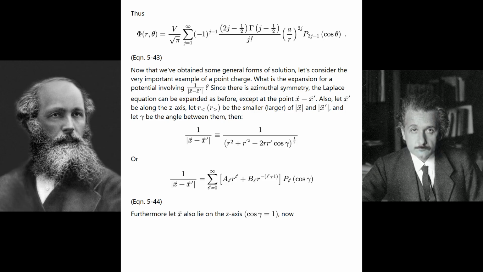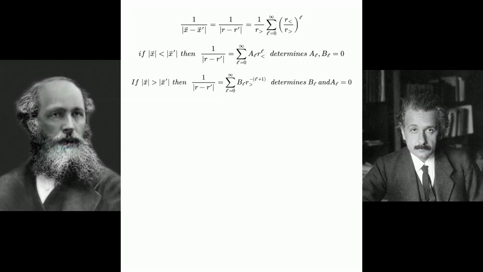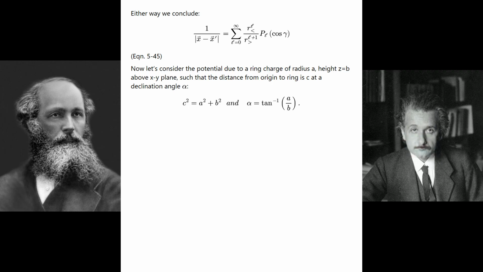Furthermore, let x vector also lie on the z-axis, so cosine gamma equals 1 now. See the following equations. Either way we conclude, see equation 5-45 that follows. Now let's consider the potential due to a ring charge of radius a, height c equals b above the xy plane, such that the distance from the origin to the ring is c at a declination angle alpha.